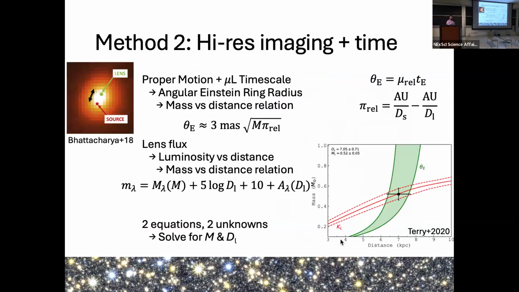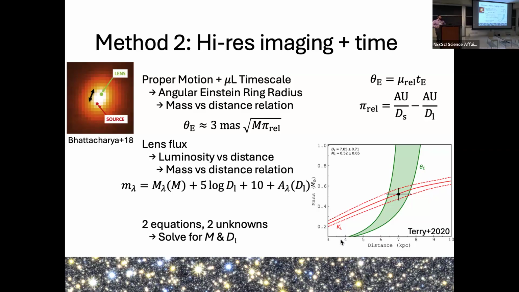The other way is to wait. So if you wait long enough, the source and the lens of the microlensing event will move apart due to their mutual proper motion. And if you wait long enough and observe with a high enough resolution, you can see them separated, assuming that the lens is a star and is emitting light. And so if you can do that, you can measure their separation. That gives you the relative proper motion.